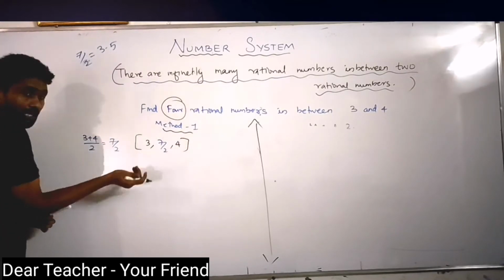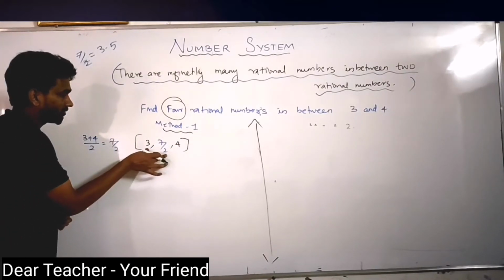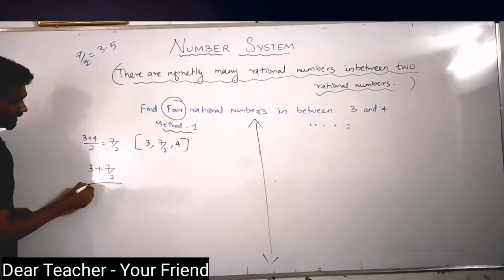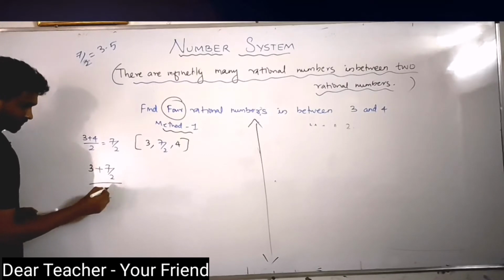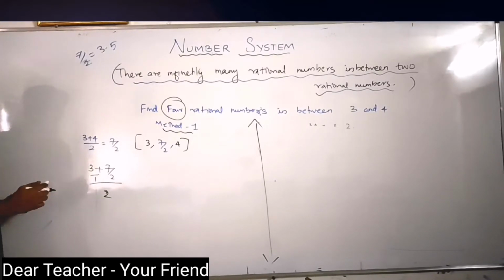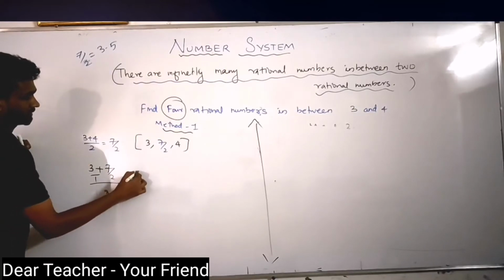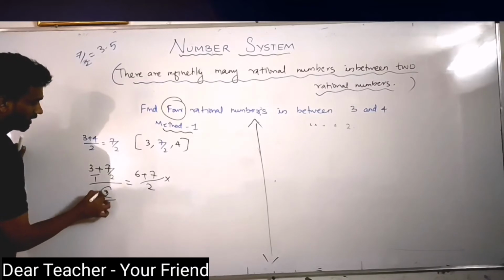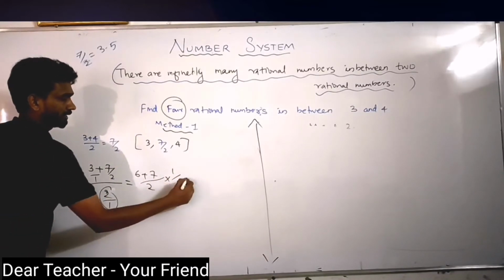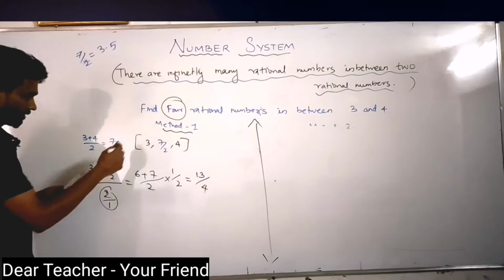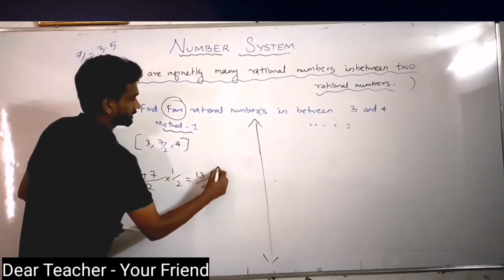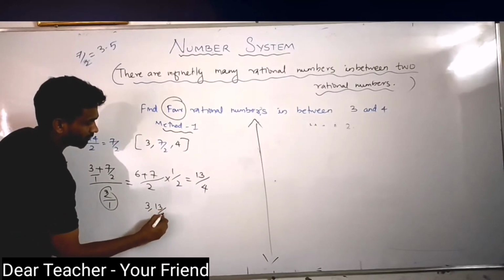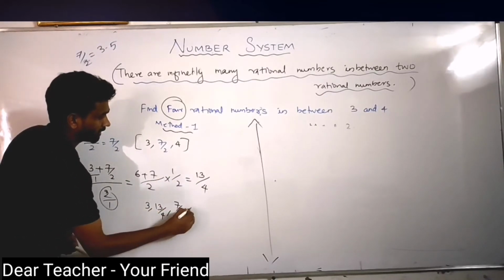Now again we have to repeat the process. Mean of the first two: 3 plus 7 by 2, divided by 2. So 6 plus 7 by 2, and the reciprocal of 2 is 1 upon 2, then it is 13 by 4. Now we can rewrite the numbers: 3, 13 by 4, 7 by 2, 4.